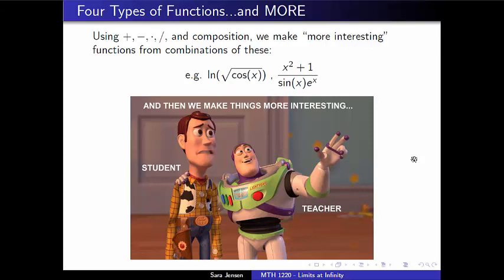Say, for example, that we get really good at computing limits of polynomials, and we get really good at computing limits of exponentials. Then we start combining polynomials and exponentials together using these things, and we say, okay, is there anything I could say about the limit of this new combined function, given that I very much understand what's going on in the limit cases for each of the individual pieces.